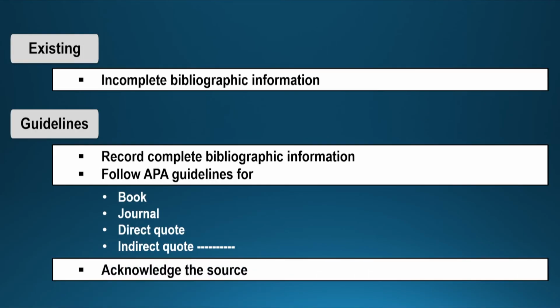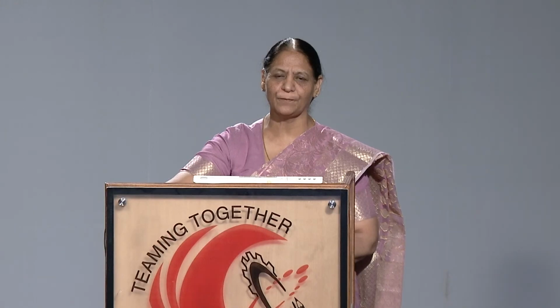So I would say that as a researcher, if you are taking up research in technical education, you are going to follow the APA guidelines. So have a look at the APA guidelines and try to record the bibliographic information completely and acknowledge the various sources of information from which you have collected the information.